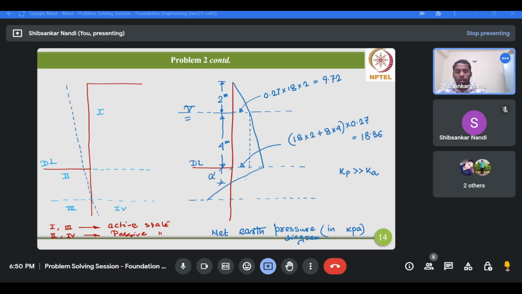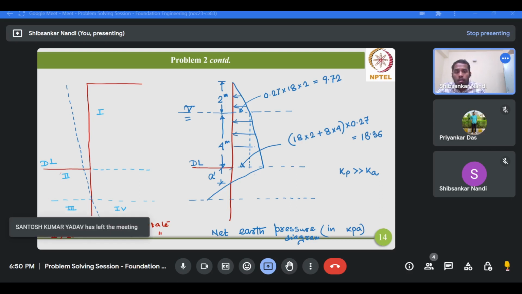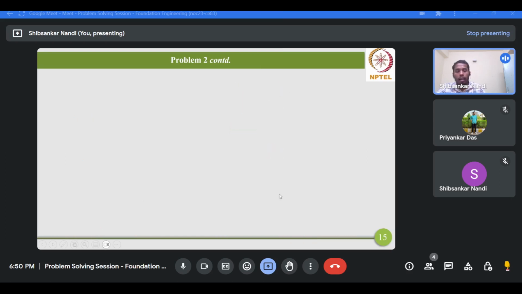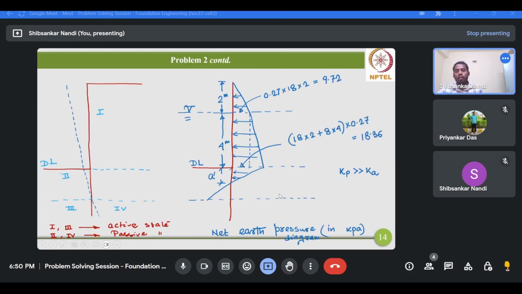Okay, so up to the level of rotation, the net pressure diagram is fine. Now we'll move further and consider region 3 and region 4.